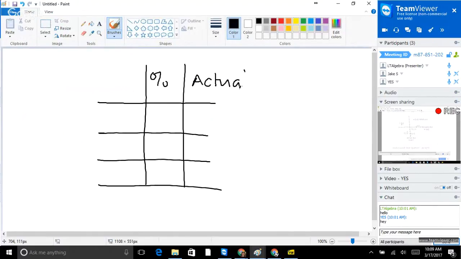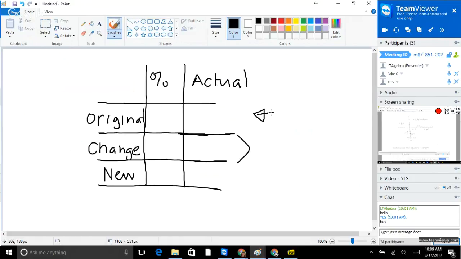We've got our original, we've got our change, and we have our new. Change we don't actually use when calculating. It just helps us to fill in original and new. These are the two that are really important to get filled in.